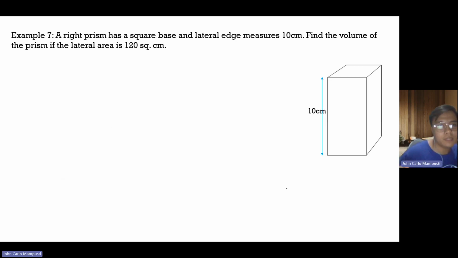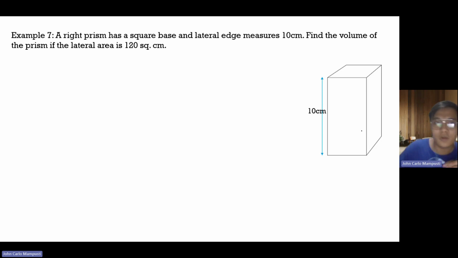So, example number 7. A right prism has a square base and a lateral edge of 10 centimeter. Okay, ito yung lateral edge natin. Baka magtaka kayo, baka yung lateral edge natin is ito, no? Hindi po yan yung lateral edge natin. Okay?